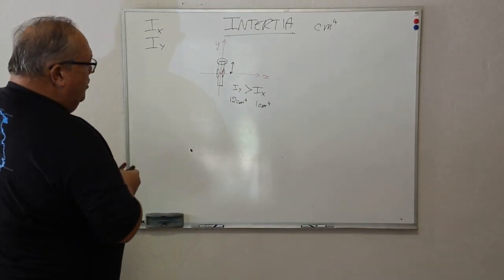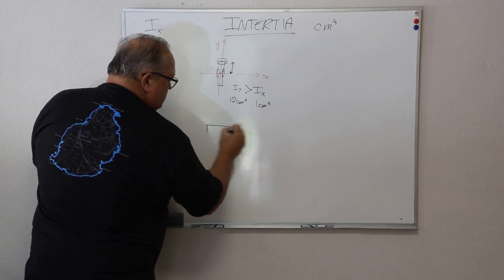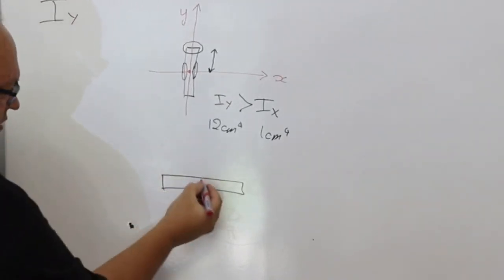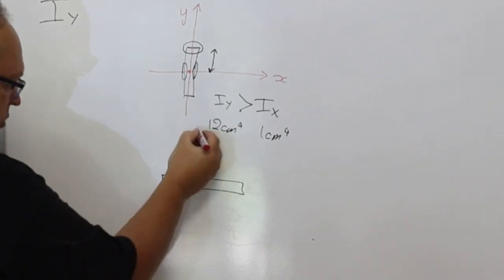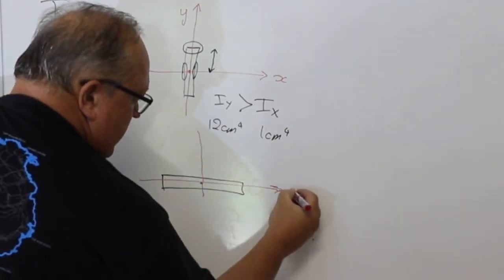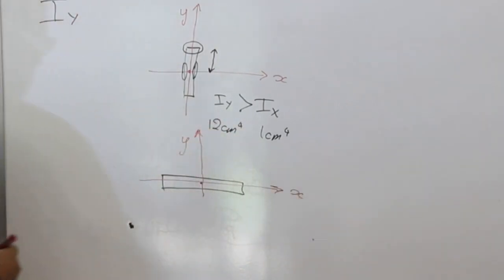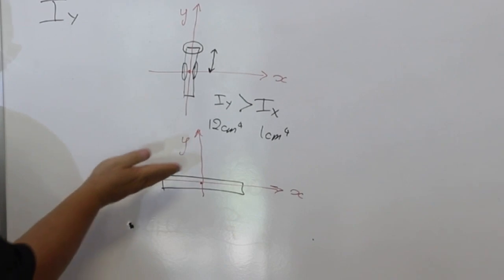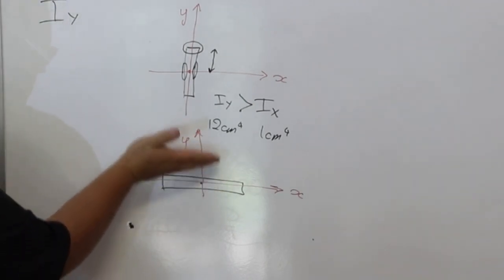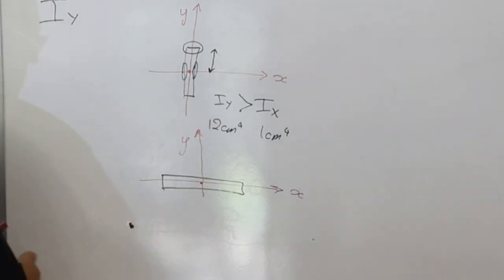Okay, now if I take that exact same profile and I hold it in a horizontal direction, I once again work with the centroid. I put a vertical and a horizontal axis through that centroid. That is my x-axis, that is my y-axis. Now what has happened is the amount of material and the distance that material is away from the axis in the vertical direction is low.